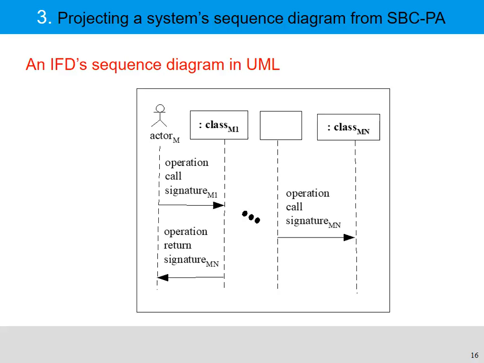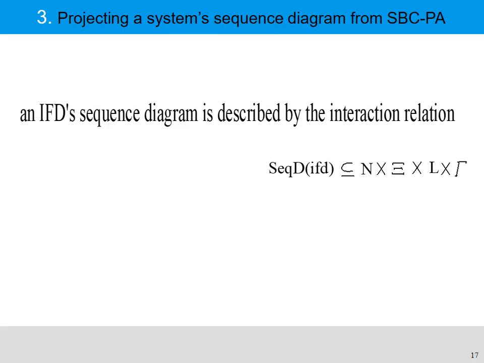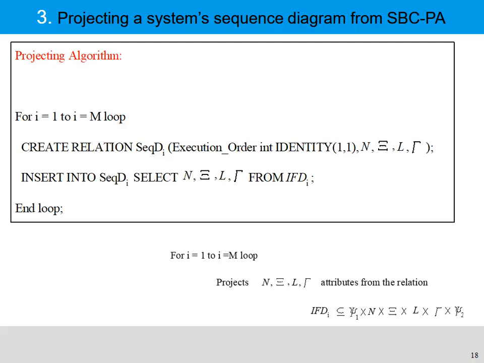In UML, a system has many IFDs, and each IFD sequence diagram is shown as in this figure. An IFD sequence diagram is described by the interaction relation sequence diagram IFD with 4 attributes.